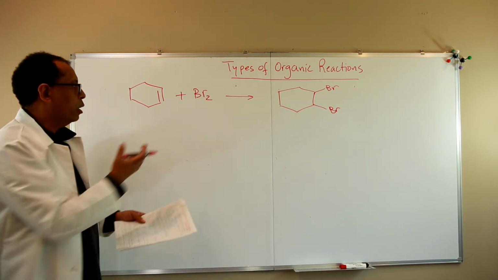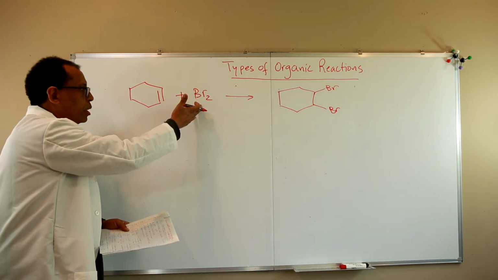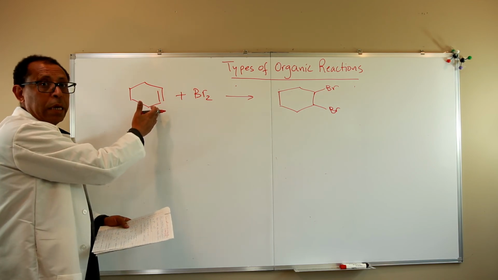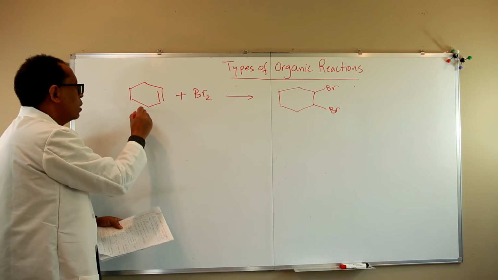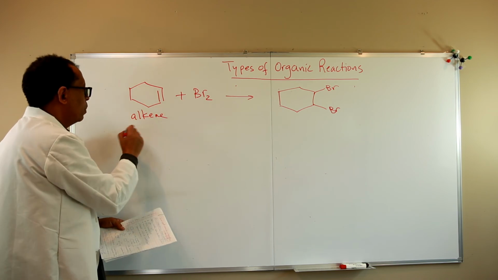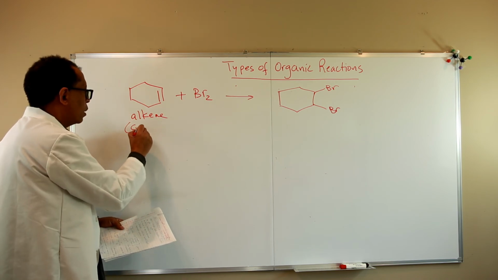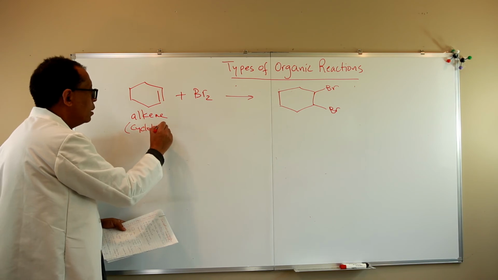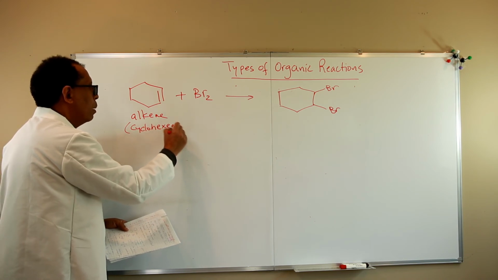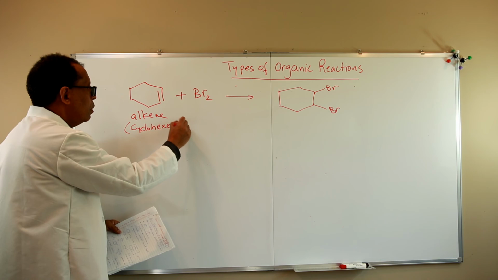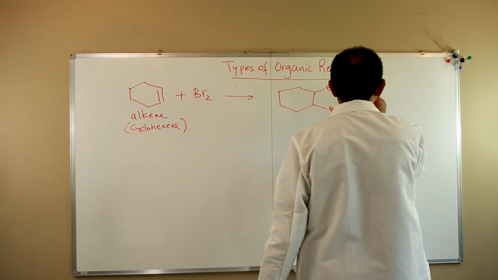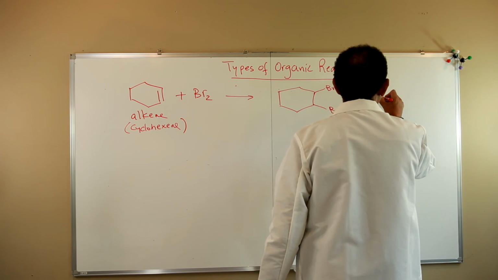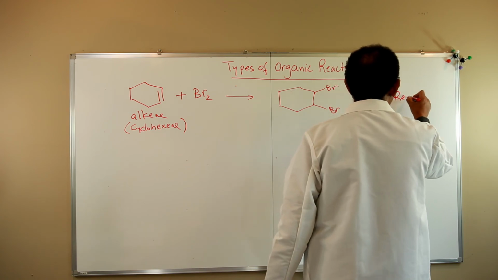This is basically you have added bromine (Br2) into the cyclohexene compound. This is an alkene compound. It's called cyclohexene because of the double bond, hexene. So the only thing that happened is an addition reaction.